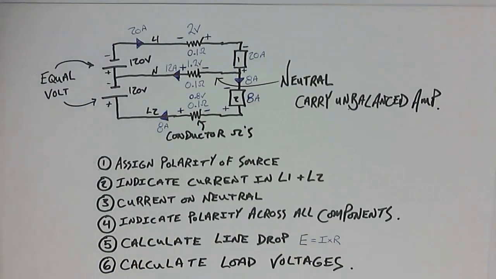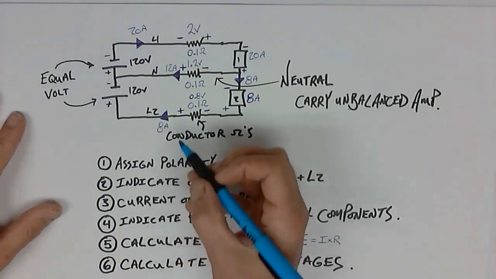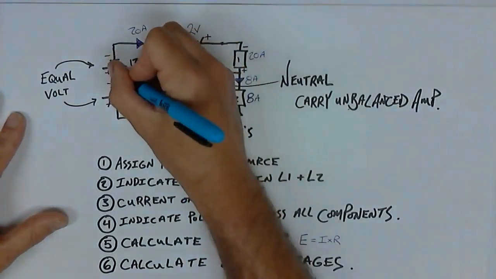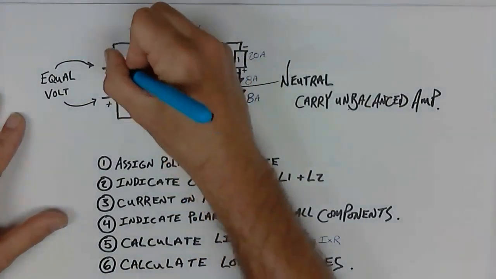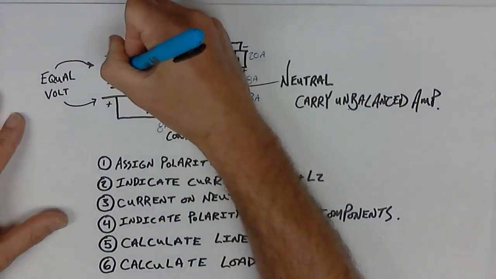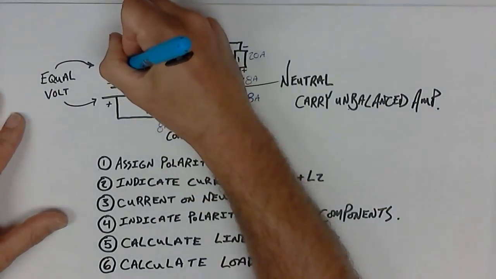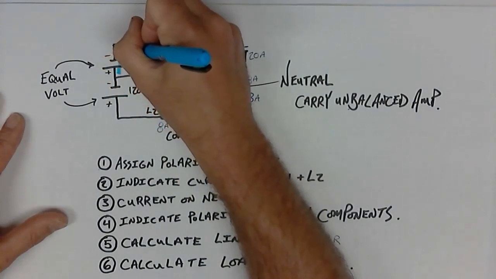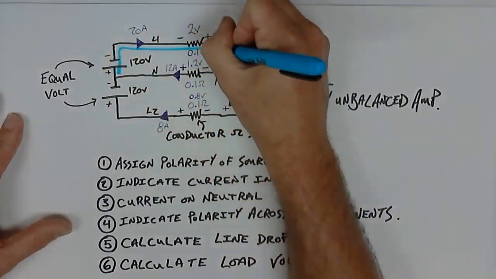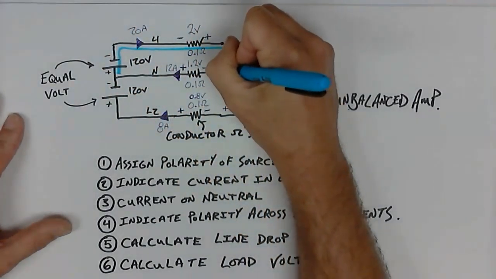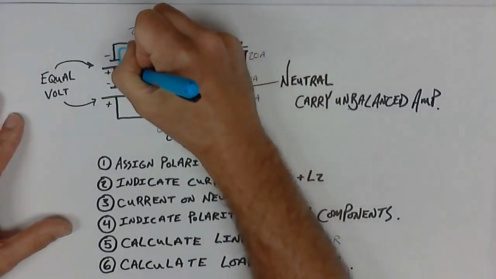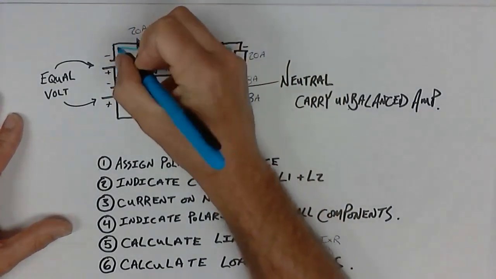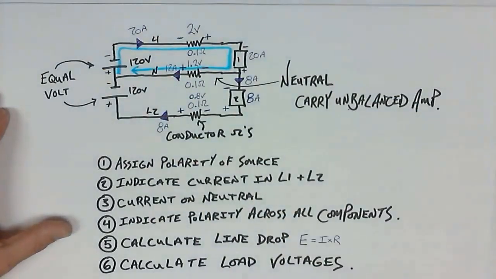And the loops are going to take into account all of the polarities along its path. So the first loop I am going to do, I'm going to follow a loop that starts right here on the positive side of my source, and it's going to go all the way across here and back to the place that it started.